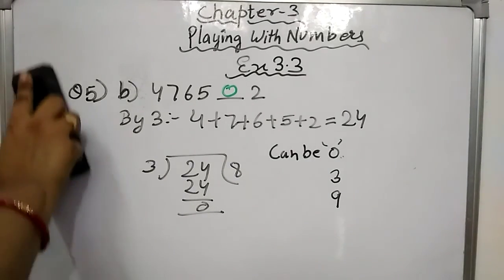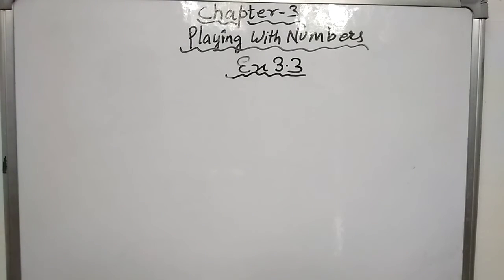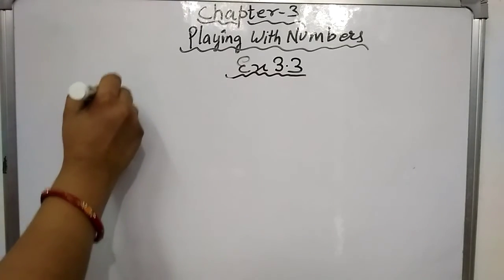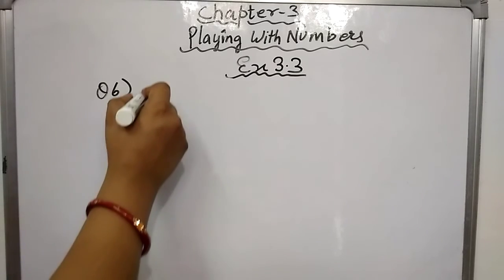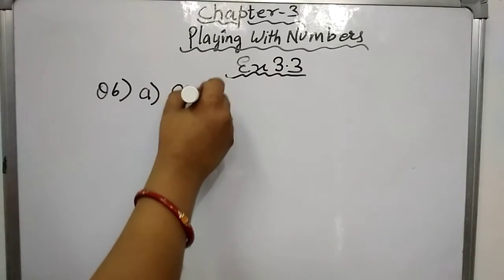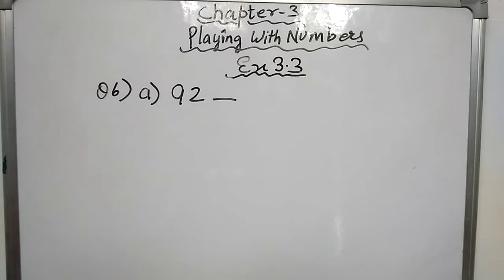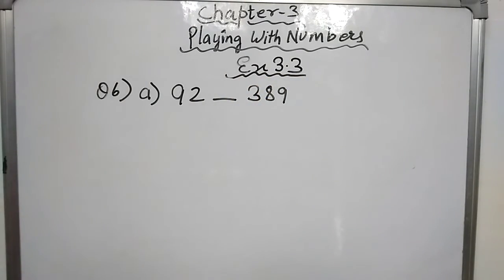Moving ahead to question number 6. Question number 6 is also similar to question number 5. Write a digit in the blank space of each of the following numbers so that the number formed is divisible by 11. First is this.